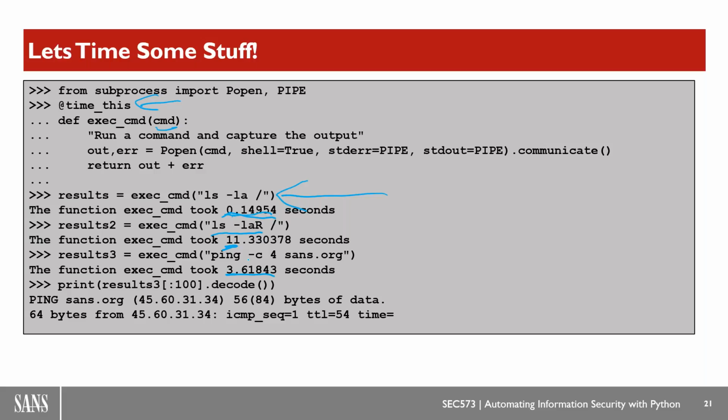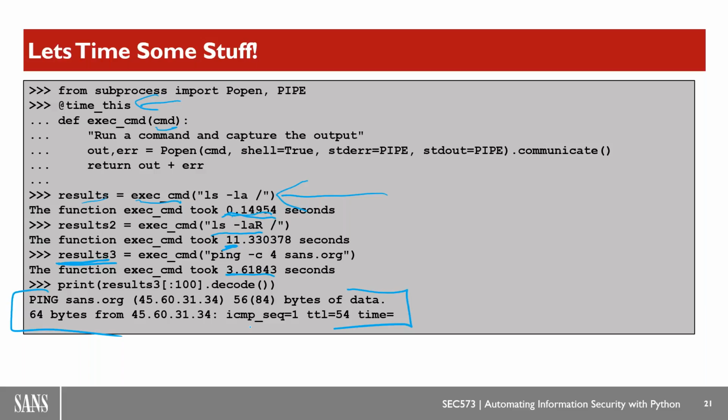So that shows us the amount of time that we want. And this still returns the results of exec command, which we can hold in the variable results. If I look inside the contents of the variable results3, here I can see the first couple of lines of the ping command's response coming back.